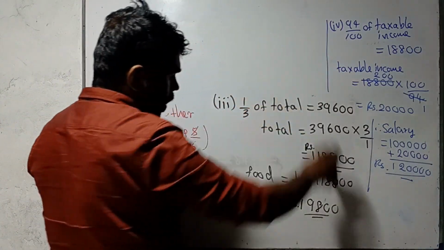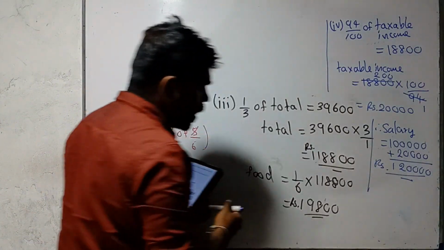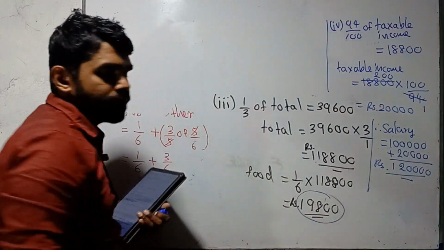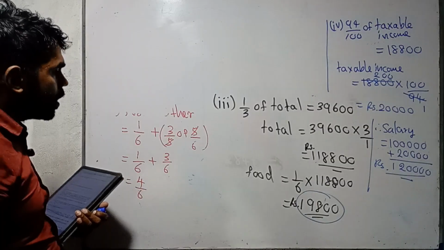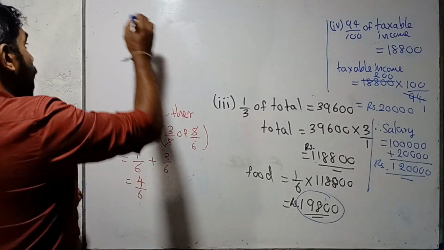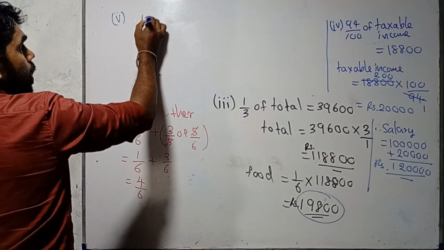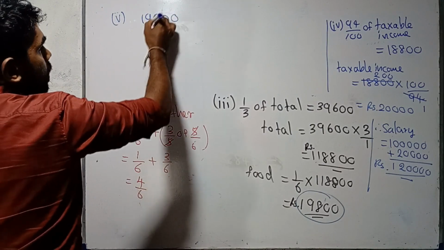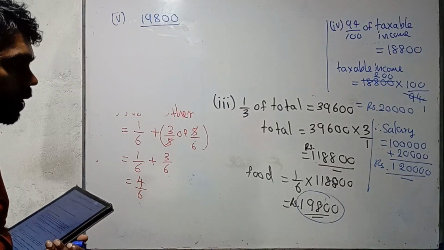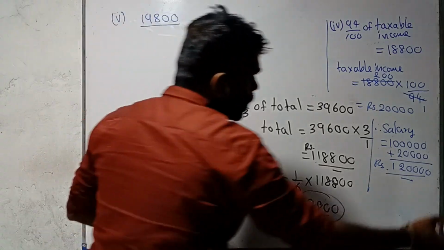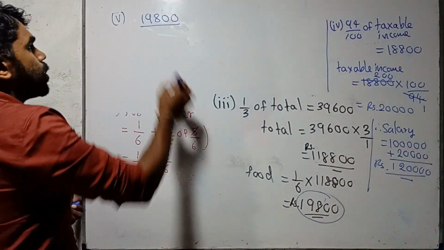Now, the amount spent for food is this one, 19,800. It remains constant, it is not changing. Total salary is this value, 120,000 rupees.